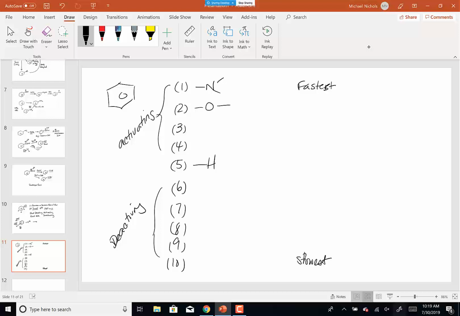And this is going to be sort of my simplified list, because there's also a more complicated list than this, but this group from number 1 to 10 will work for us. Right. Nitrogen, most electronegative, most activating. Oxygen, second most activating.